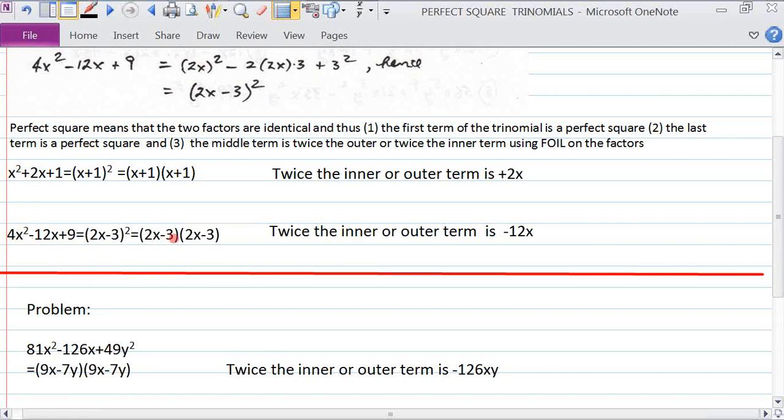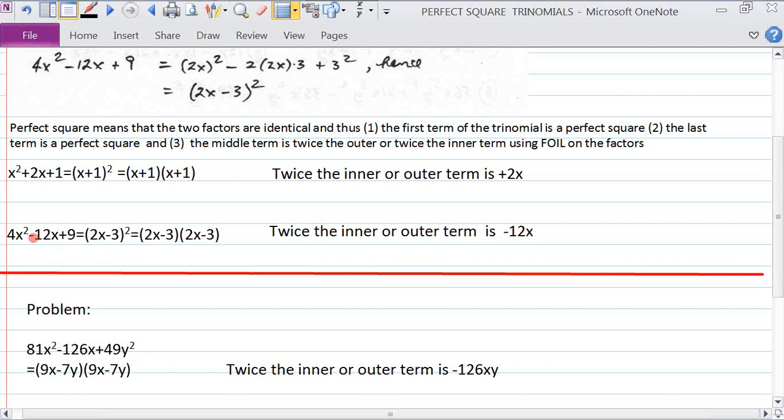The inner is minus 6x. The outer is minus 6x. So minus 6x and minus 6x is minus 12x. And so that's how I get the minus 12x here. And the last term is minus 3 times minus 3 gives me plus 9.